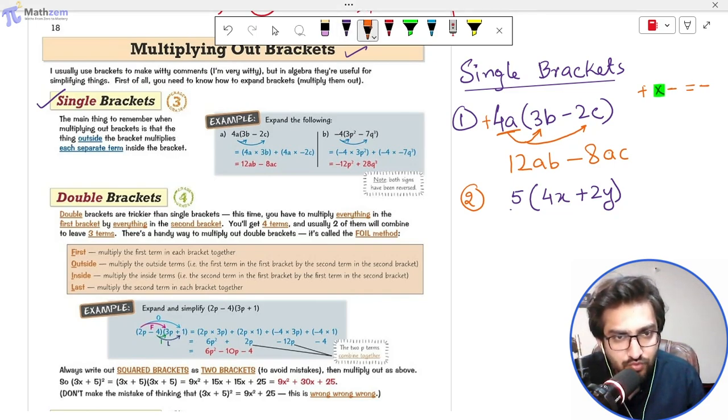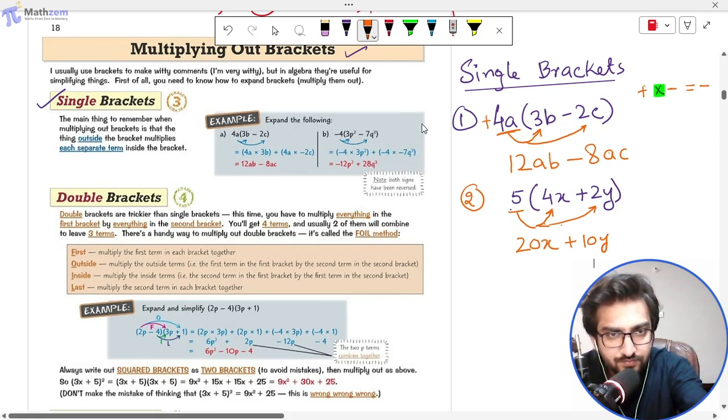So 5 is a number which is outside, so multiply this 5 with 4x and multiply that 5 with 2y, with both of them. So 5 times 4 is 20, so 20x, and 5 times 2 is 10, so 10y. So we have solved that bracket. This is how you solve it.